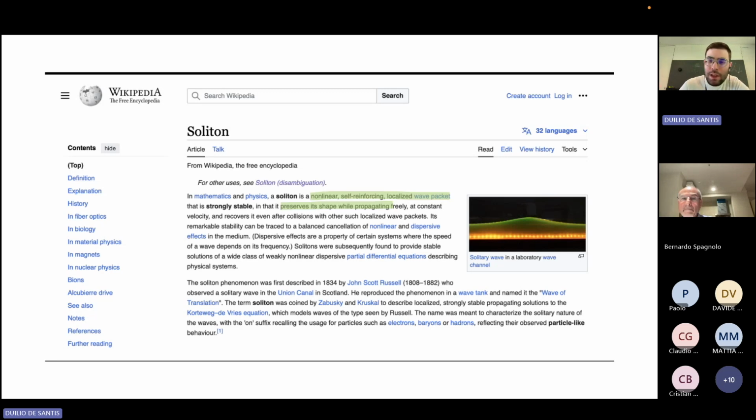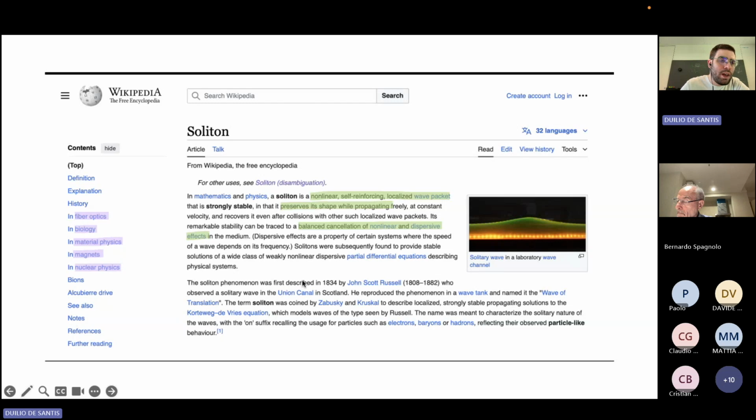You might be familiar with hydrodynamical solitons, but there are actually many kinds of solitons, and their remarkable properties are due to a balance between nonlinear and dispersive effects that we can have in various systems. Due to this cancellation between nonlinearity and dispersion, we can have the emergence of these remarkable objects. So nowadays the concept of soliton is widespread.